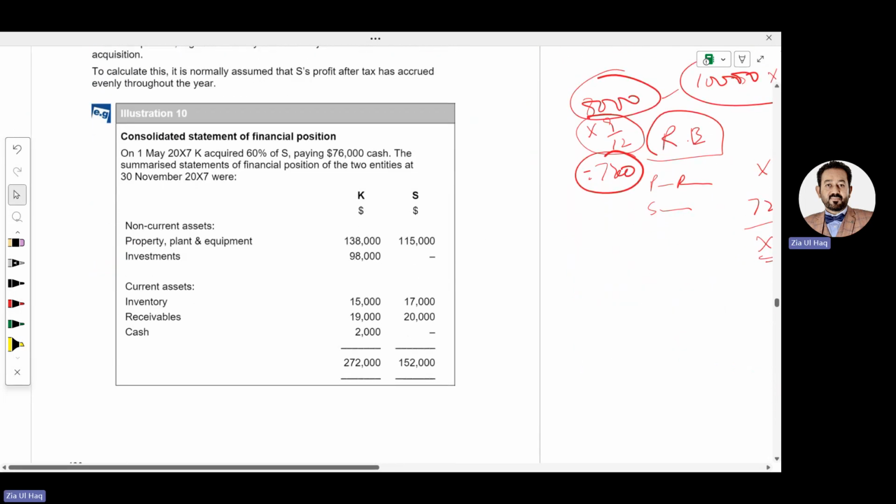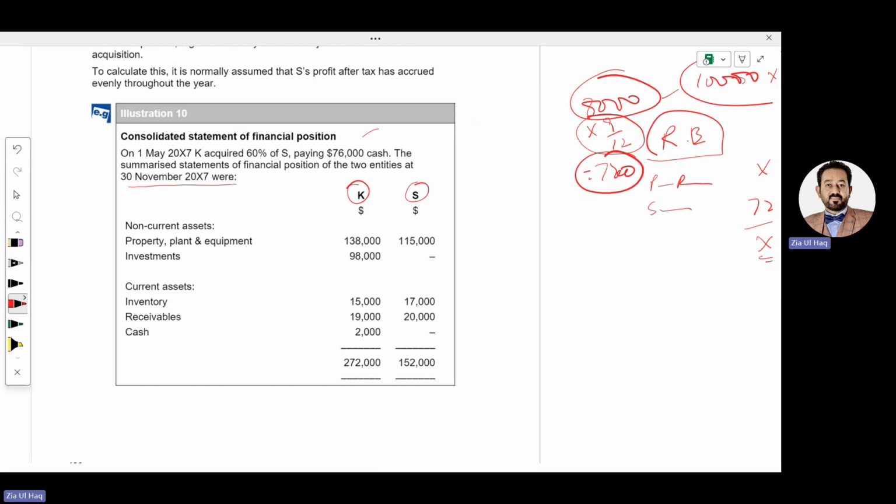See this question. On 1st May 2007, K acquired 60% of S. K parent company as subsidiary, paying 76,000 cash. This is cash consideration. The summarized statement of financial position of two entities at 30th November 2007 were: year end is 30th November.